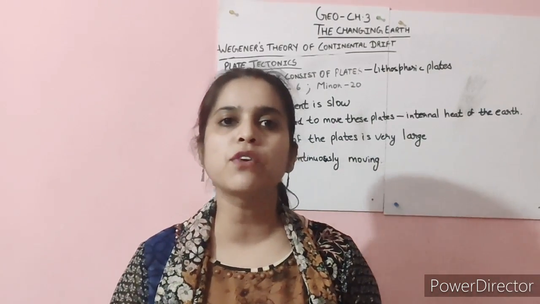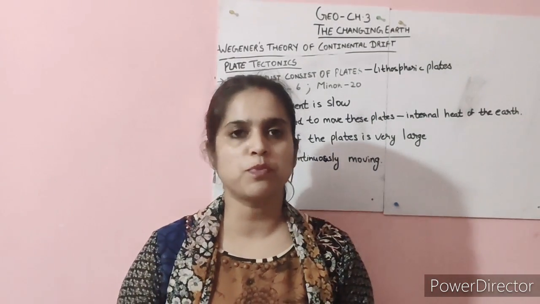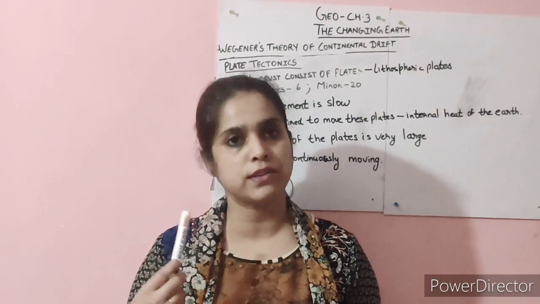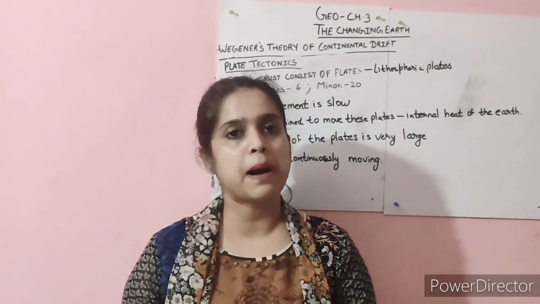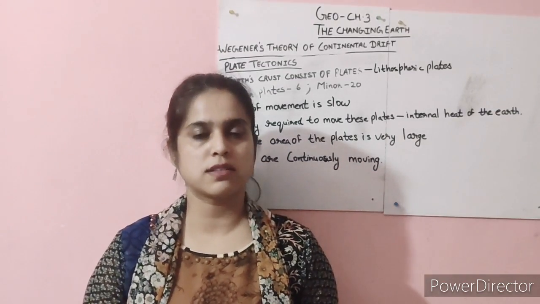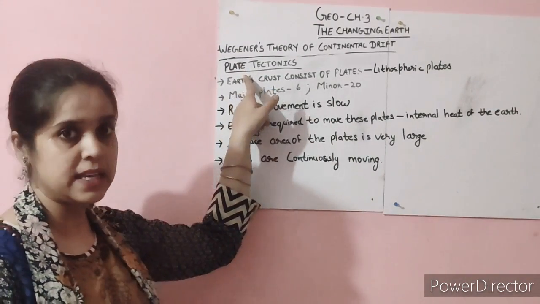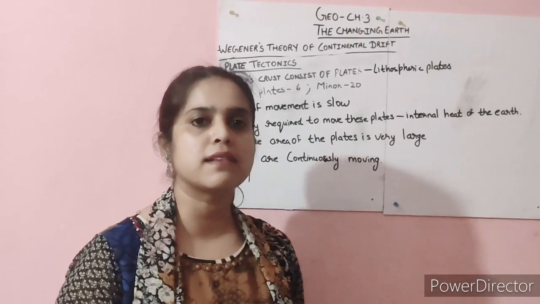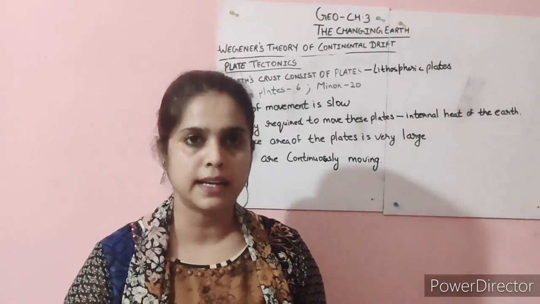Now, what is sea floor spreading? Sea floor spreading means new sea floor which is formed by the movement of these lithospheric plates. That entire concept is known as plate tectonics.